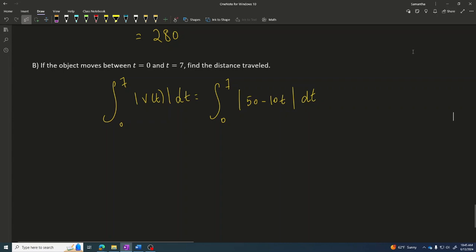So as we talked about a couple of days back, if I cannot use odd symmetry, and if I cannot easily see an antiderivative, my next move is to go to Desmos and look at the graph of this function to see if it has a geometry that I can use.